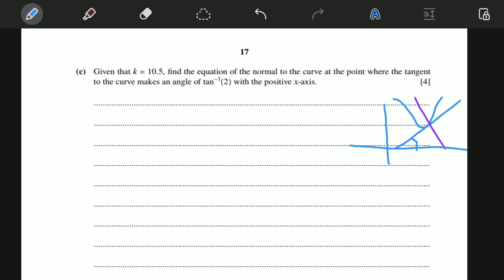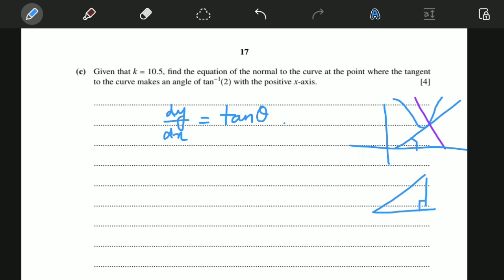Okay, so if you know that dy by dx is your gradient, it is also equal to tan theta. See, I'll explain it with the help of an example.